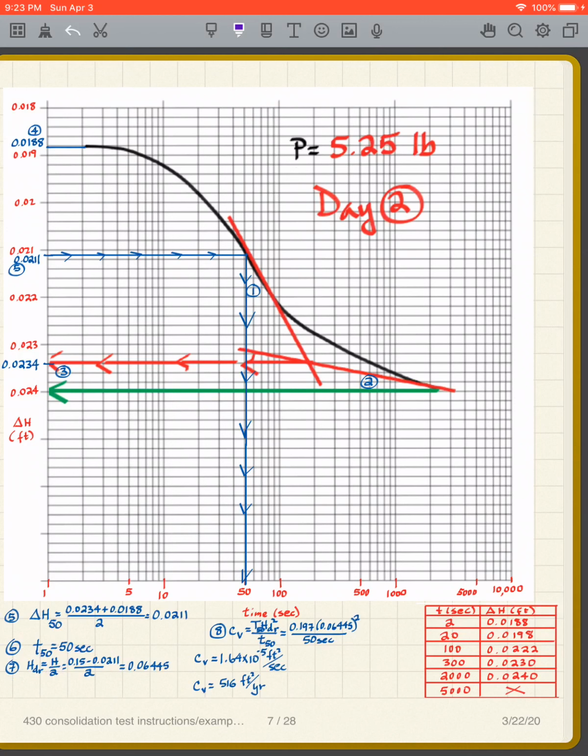I plug in T50 and HDR. My T50 factor is always 0.197, so you don't have to worry about that. Then I get my C sub V in square feet per second, and convert it to square feet per year.